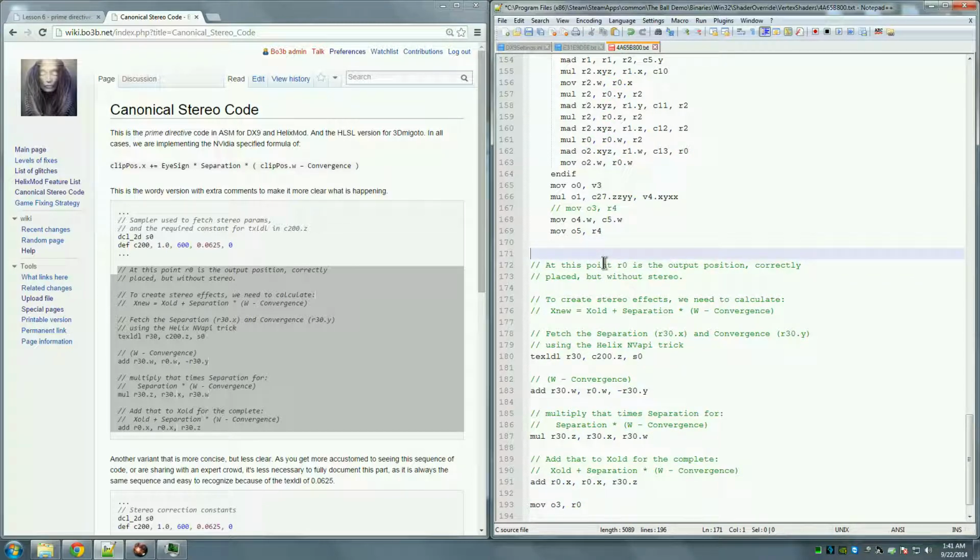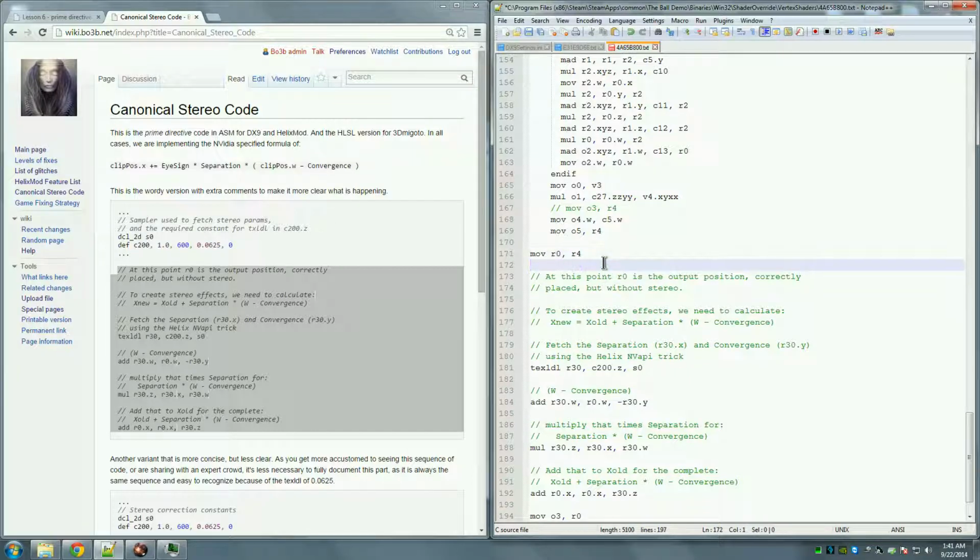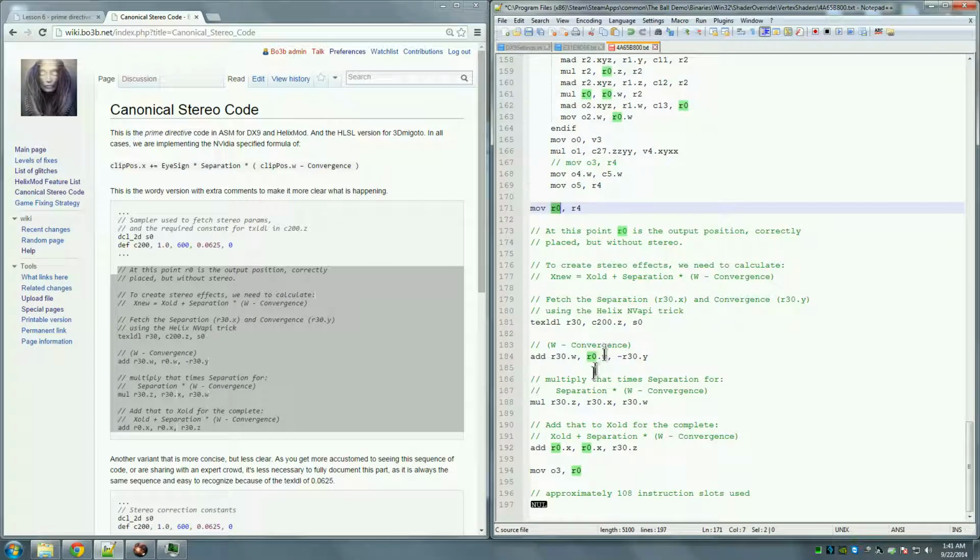Since it's not assigned correctly at the moment, we need to put that into R0, and we know that it's R4 because that's where it would have normally gotten it from. So we're going to put it into R0. We're going to futz around with R0 to do the stereo correction code. Then we're going to take that fixed location and put it into o3, which in theory should move that texture into the right location and fix the effect.